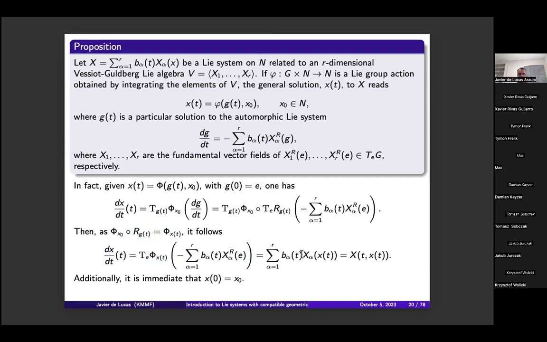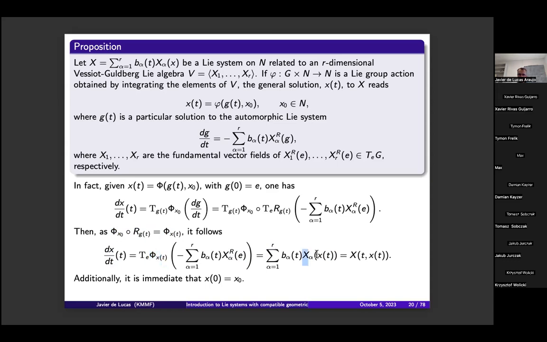But you have to remember that when you act on this thing, by definition with the minus, this gives you the fundamental vector field at this point x(t), because it was done before, yeah? This is an element of the Lie algebra, an element of the basis, and when you do the phi on a certain point and you do the tangent mapping at the neutral element, you will obtain the value of the fundamental vector field at this point.